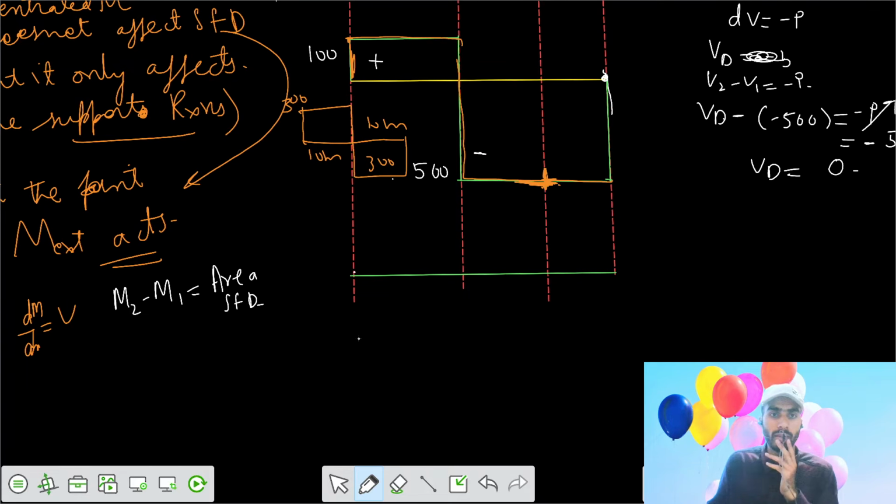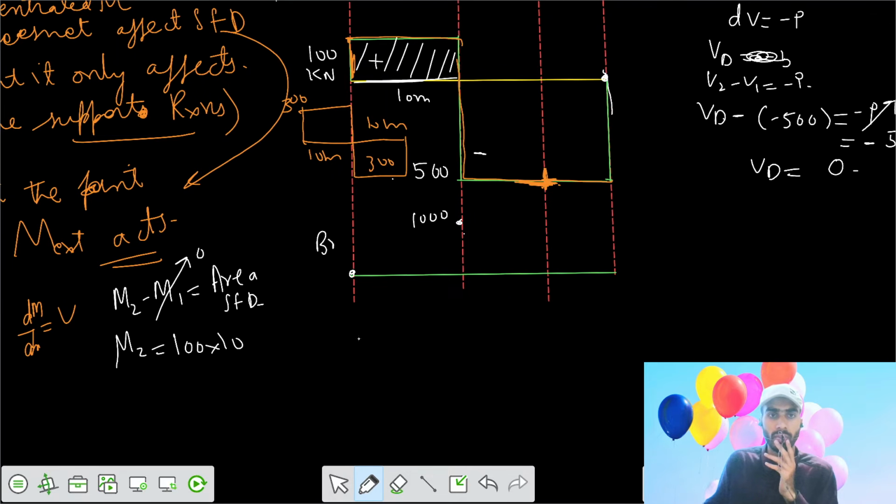We know that the moment at the end point is 0, which implies M1 is 0, so we can get the moment at 10 meters: M2 equals the area of the shear force diagram up to that point. This is your 10 meter and this is your 100 kilonewton shear force, so M2 equals 100 into 10, that's 1000 kilonewton meter BMD.